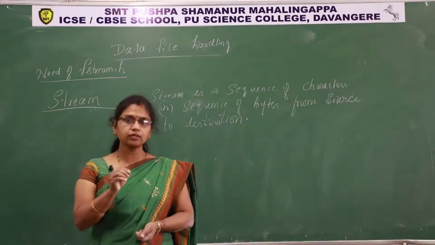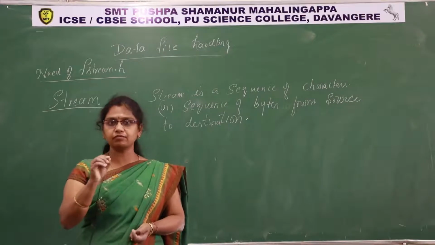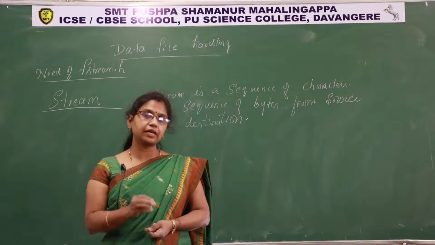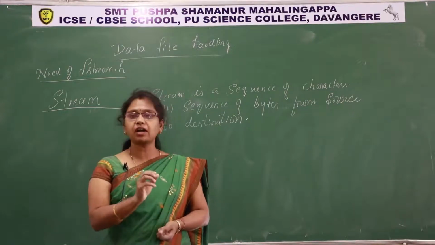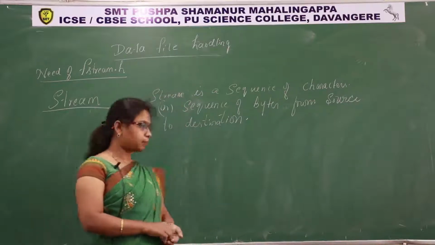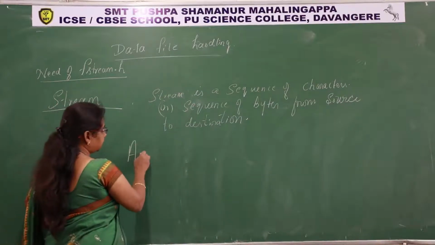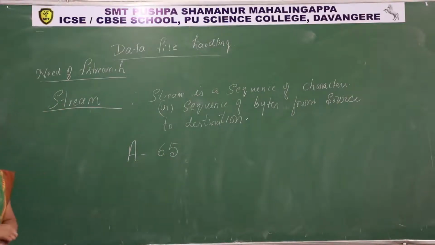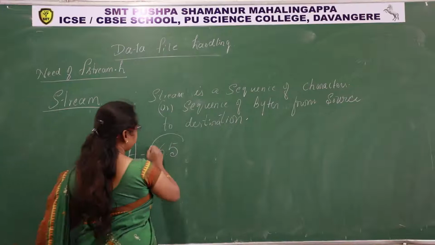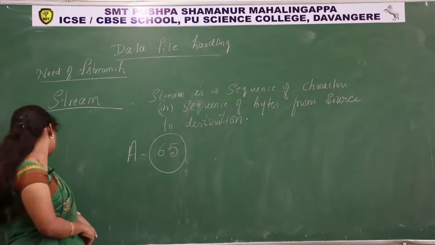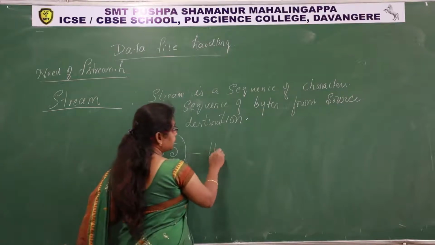Every key on the keyboard has its own ASCII value. That ASCII value is converted into the equivalent binary value, bits, ones and zeros. Understood? Suppose capital A, its ASCII value is 65. It is a decimal number. Again, this decimal number is converted into a hexadecimal number.